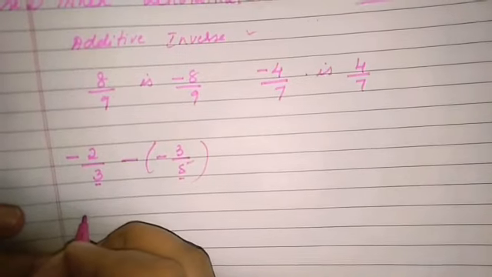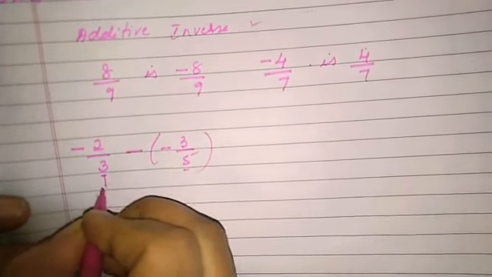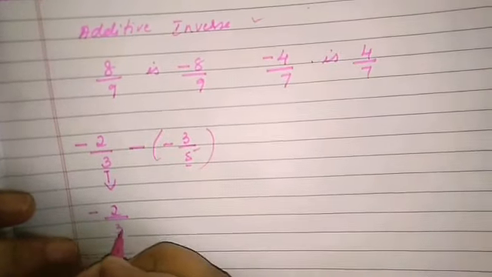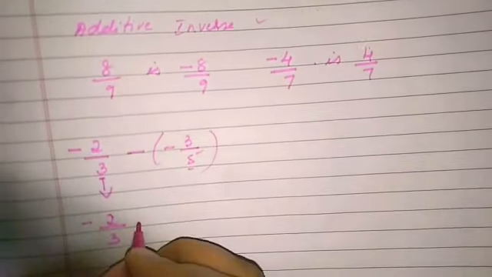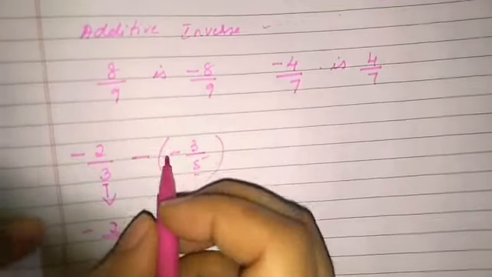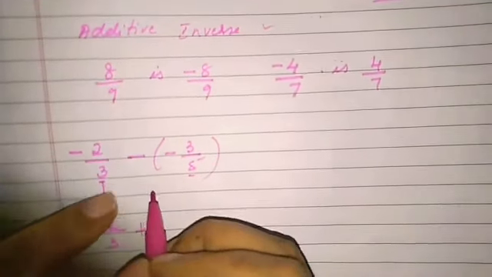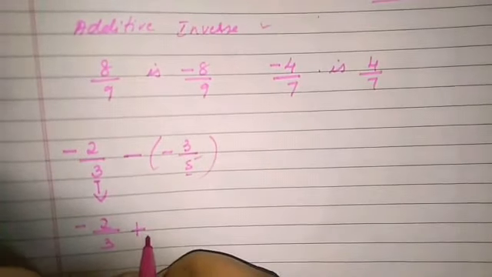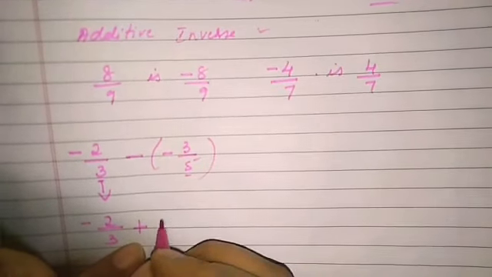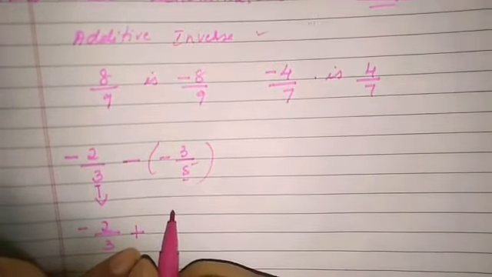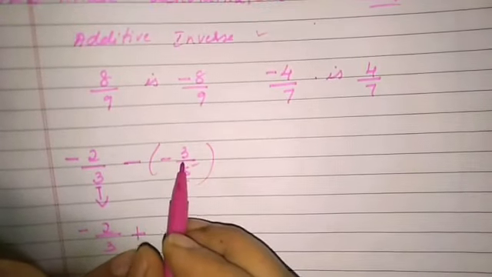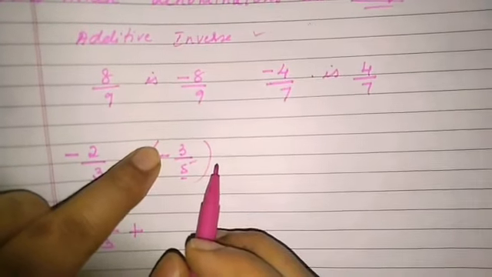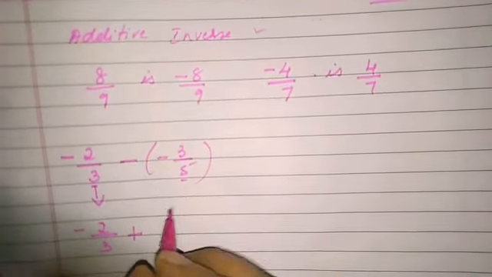So I'm going to write minus 2 by 3 as it is, and this is step 1, instead of the minus sign you will make a plus, a positive sign here, and you will write the additive inverse of minus 3 by 5. So the additive inverse of minus 3 by 5 will be 3 by 5.